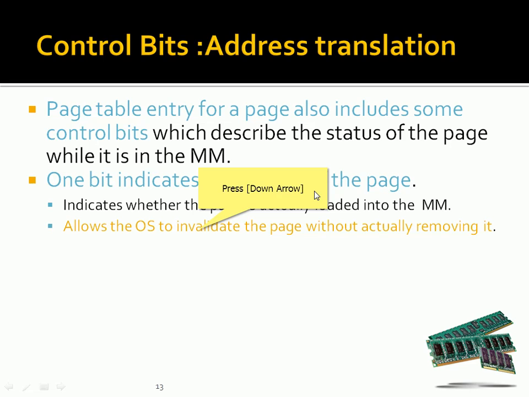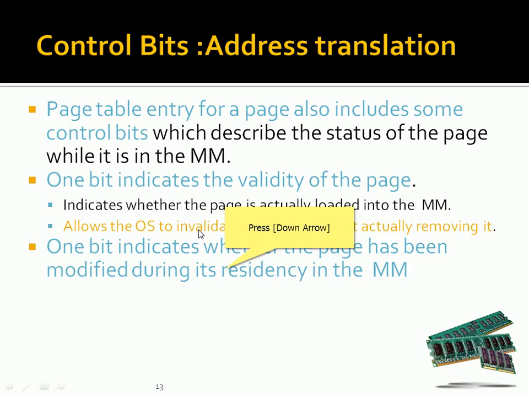From that status bit, we can easily identify that it is an invalid or old page, so that no more consideration will be given to it. That place will always be treated as vacant. In other words, we can place new pages there whenever they arrive in the next sequence. One more bit indicates that the page has been modified during its residency in main memory.